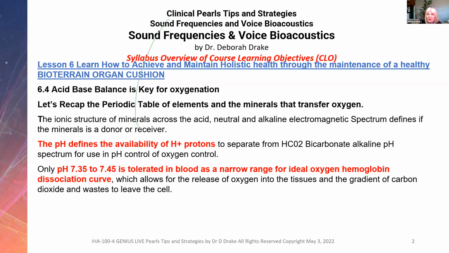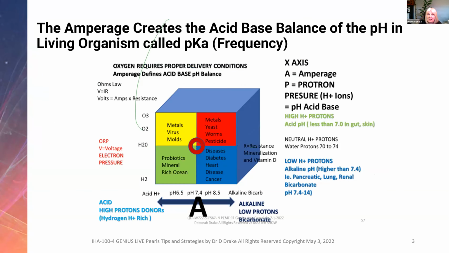This is based on the gradient of carbon dioxide wastes that want to leave the cell. So the more acidic a cell, the more it's craving oxygen, the more it'll grab the oxygen and dump off the carbon dioxide. I'm not sure how I got that little green streak on my slide there.